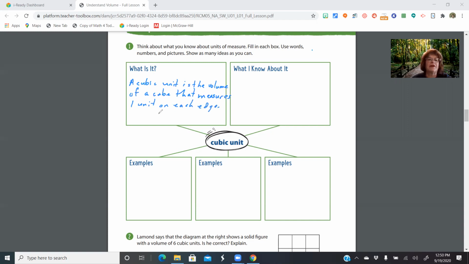In other words, each edge of the cube is 1 unit.